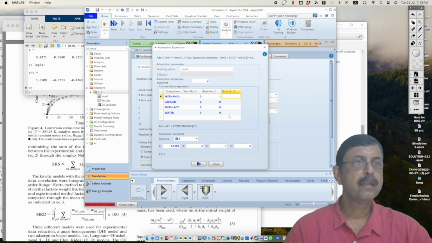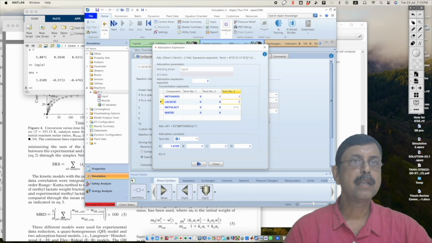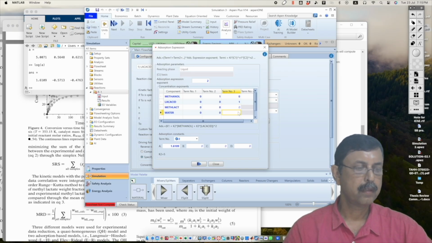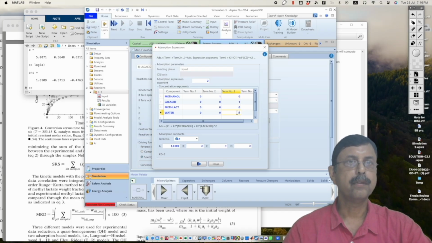Term 3 will be of lactic acid. So this will be 0, this will be 1, this will be 0, and this will be 0.